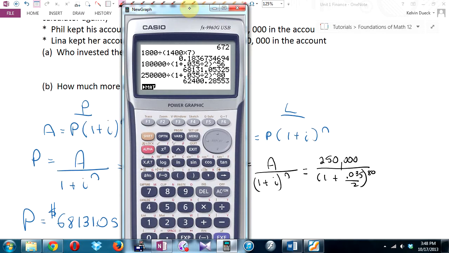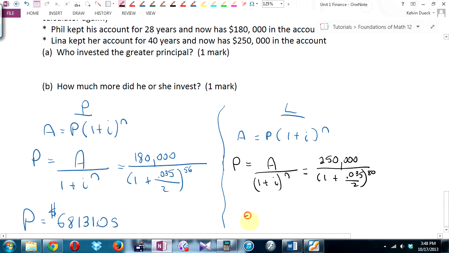Do you get $62,429.09? Yes, 9 cents. I'm pretty proud of that. I made up some numbers that were pretty close. I was a little worried they'd be way off.